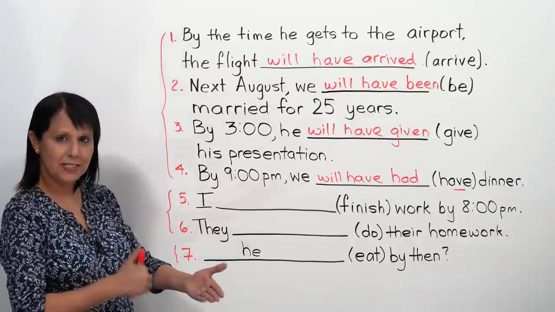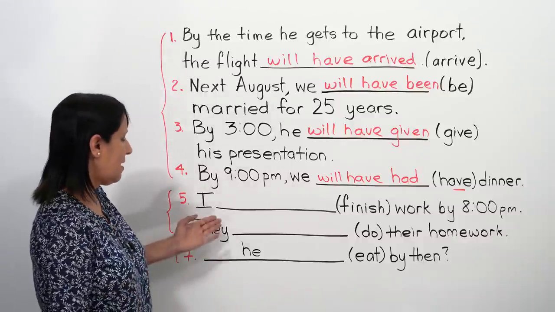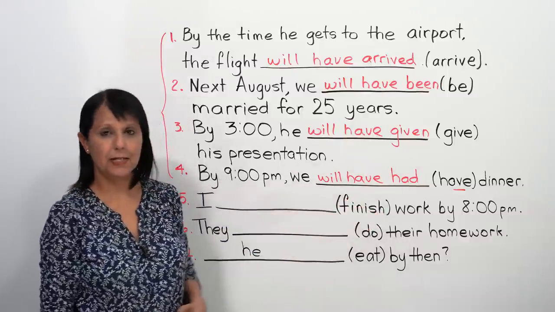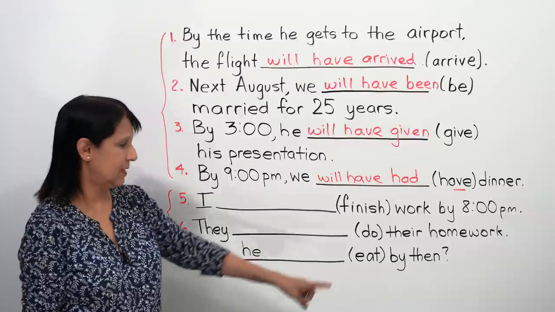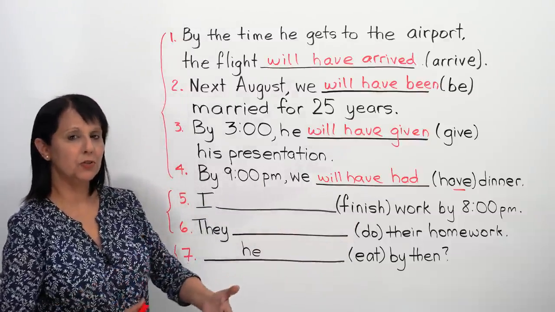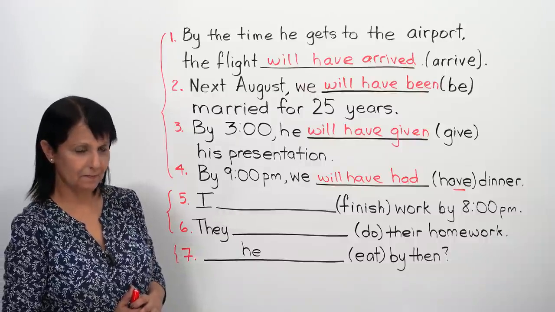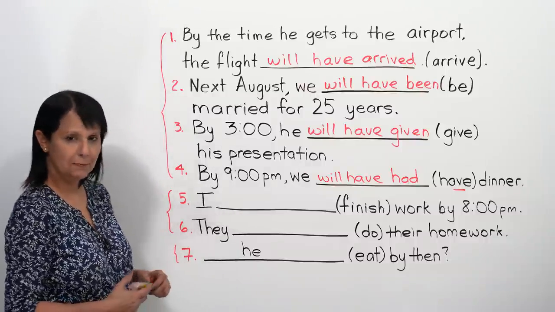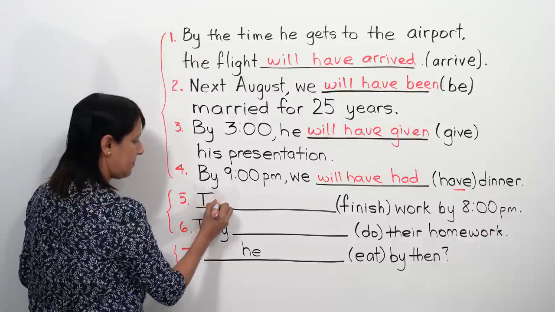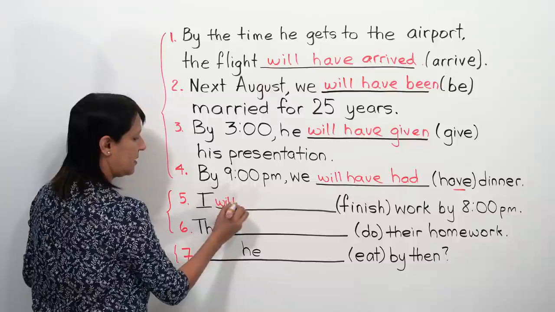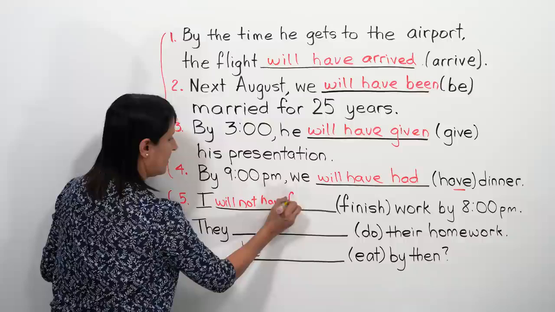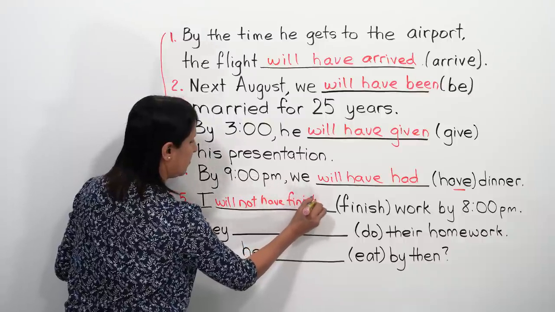Now let's make some sentences negative. I blank work by 8 p.m. The verb is finish, but now we're going to make it negative. So, what will that be? I will not have finished, right?